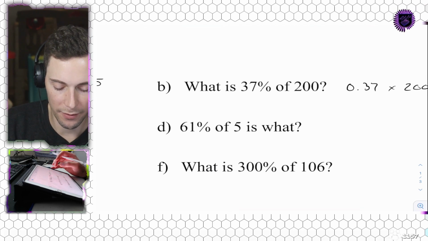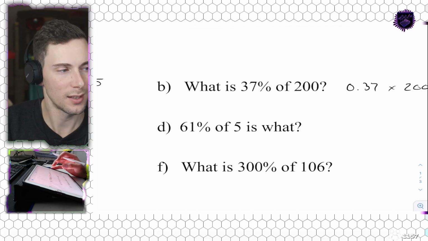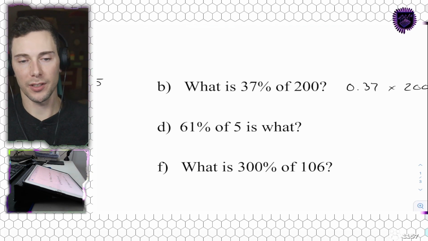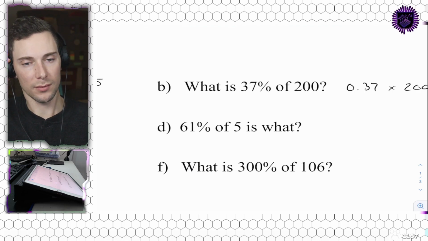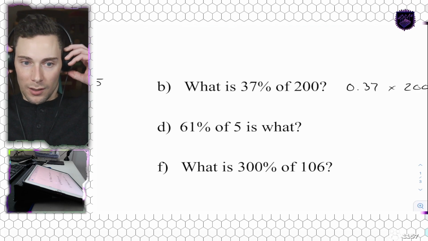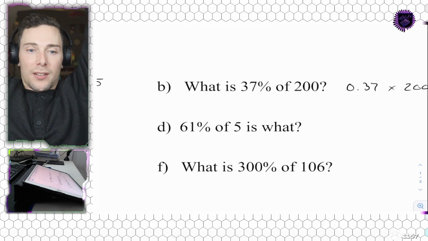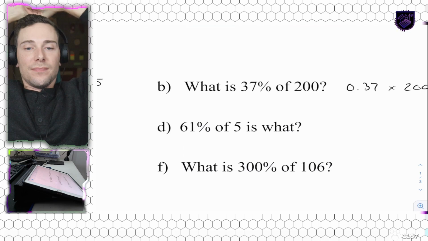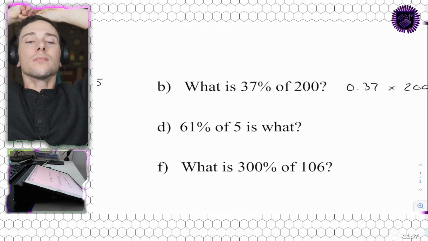61% of 5 is what? 61% of 5. What would 5% of 61 be? 5% of 61 would be 3.05.